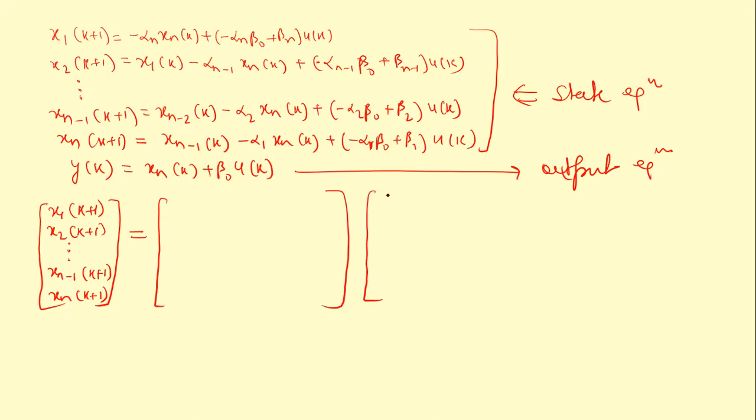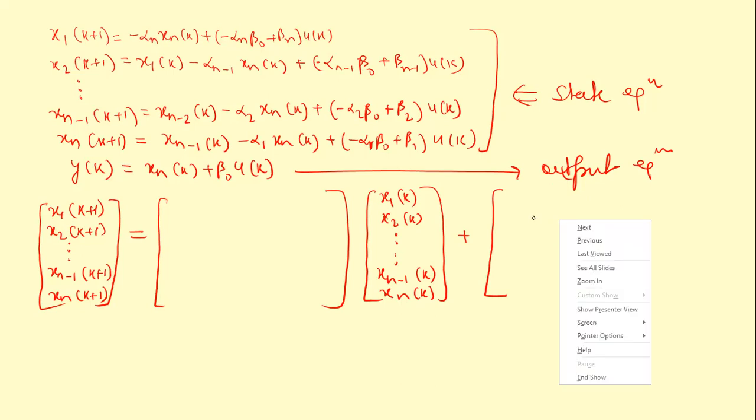So we write all the state vectors, x1k, x2k, and we have xn minus 1k, and then we have xnk, right? And then we have matrix G, uk, right?